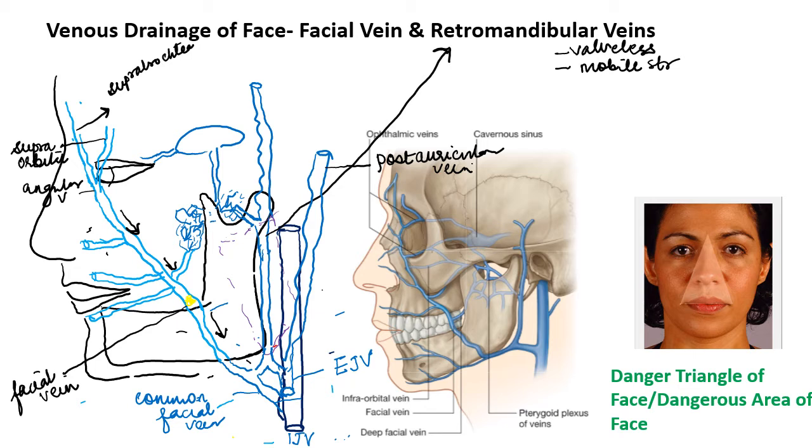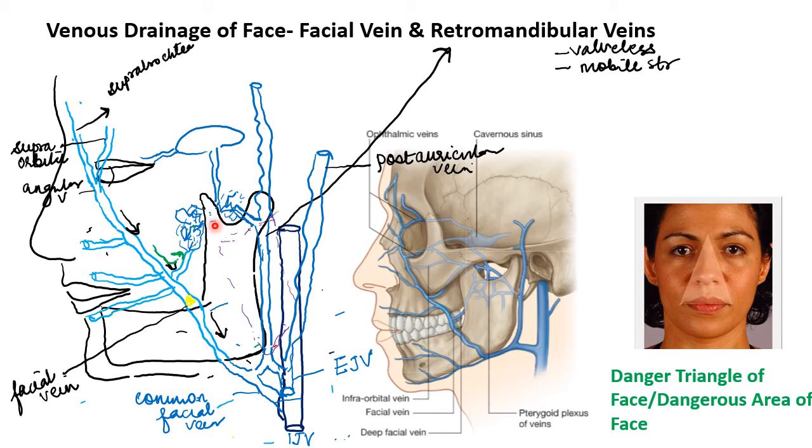So, now the blood would change its direction and it would start moving from the facial vein via the deep vein into the pterygoid venous plexus. Along with the blood, the infective material would also enter into it. The inflammatory substances would also enter into the pterygoid venous plexus.